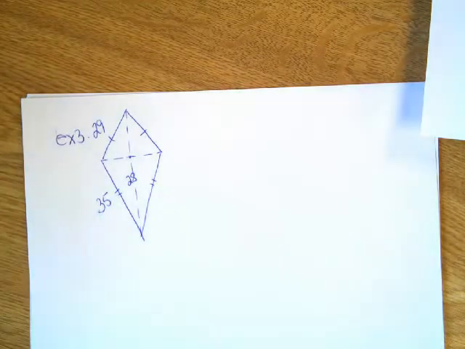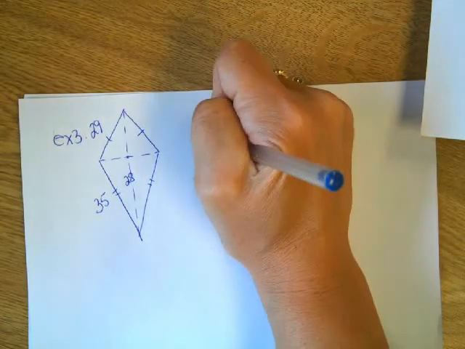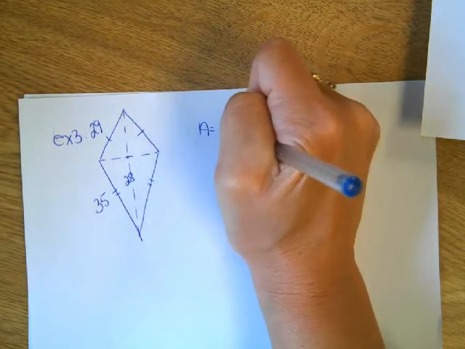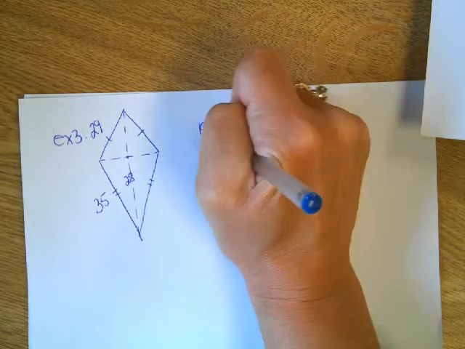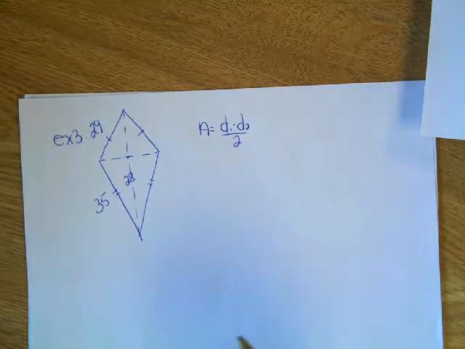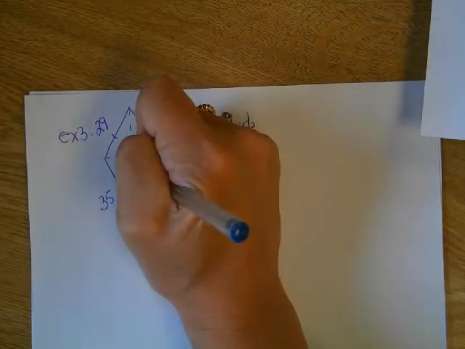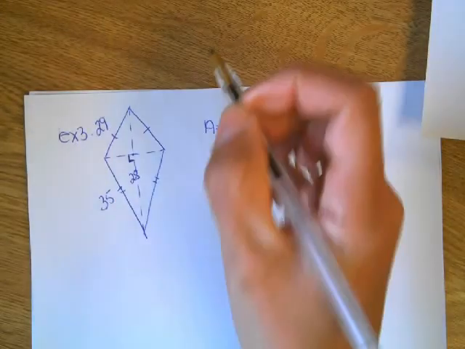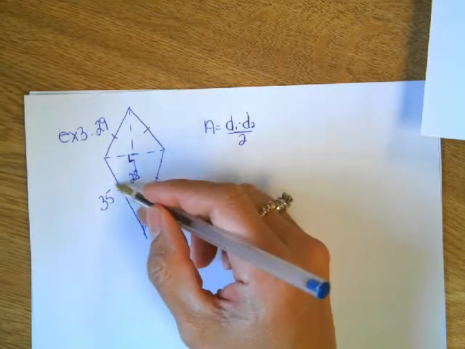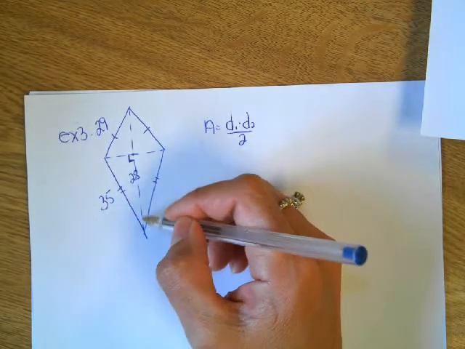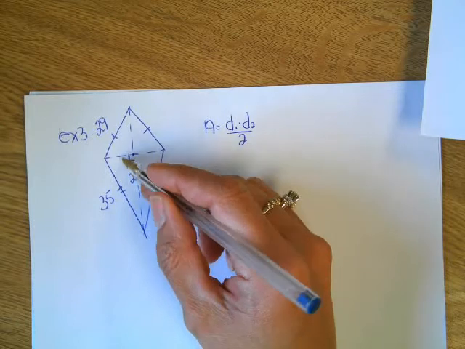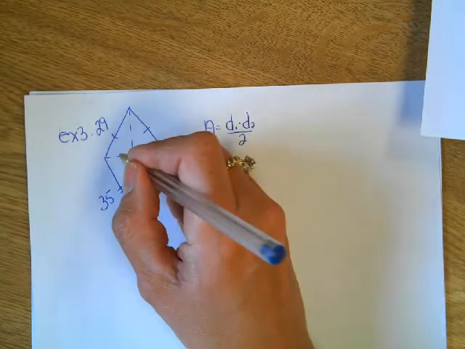Okay, so in order to get the area, our goal is to find the area, I need to know both diagonals so I can multiply them and then cut that in half. Well, if you look, I don't know anything about the diagonals right now, but the one thing I do know is that they are perpendicular, always on a kite. So now, if I look at this triangle here, I've got the 35, I've got the 28, I can set up Pythagorean theorem to find this piece here.